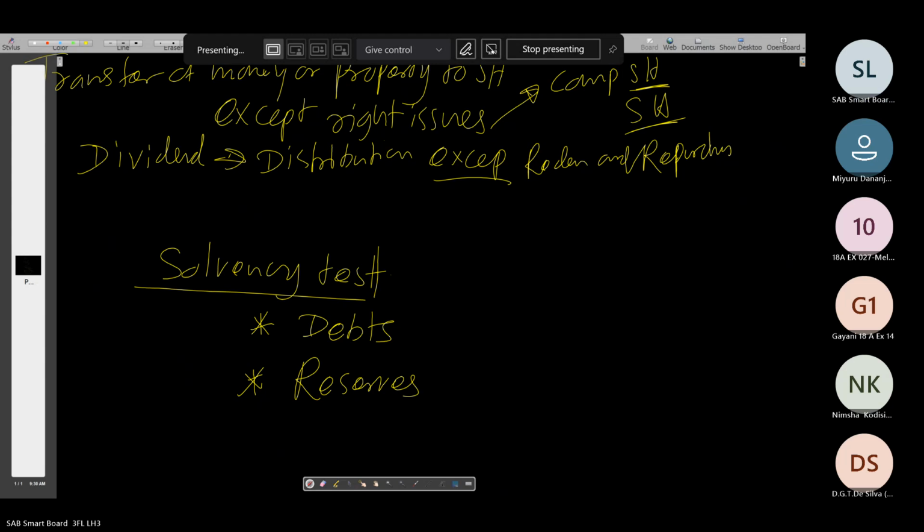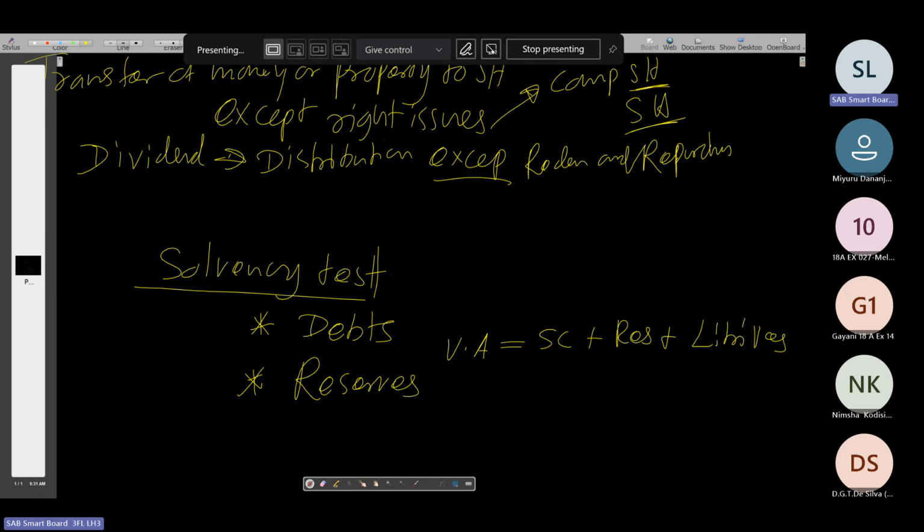Actually, here it says the total value of the assets equals stated capital plus reserves plus liabilities. This is the formula.